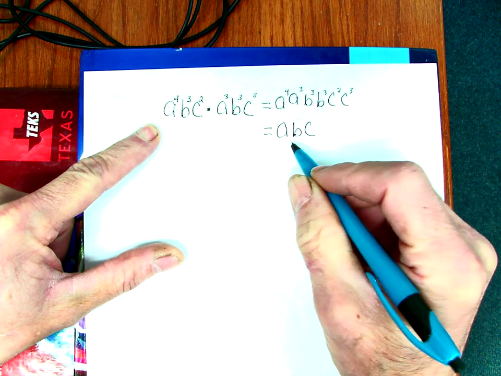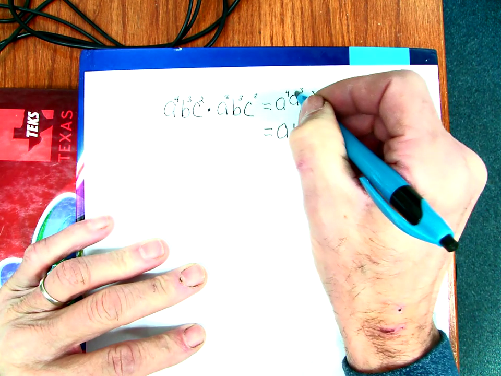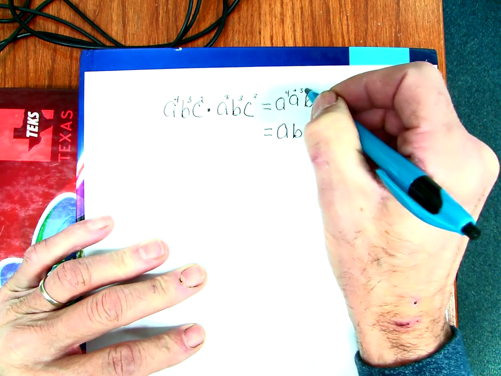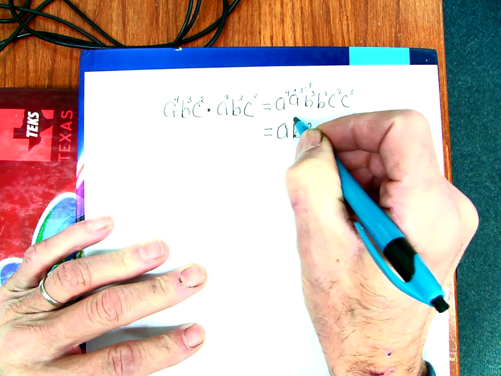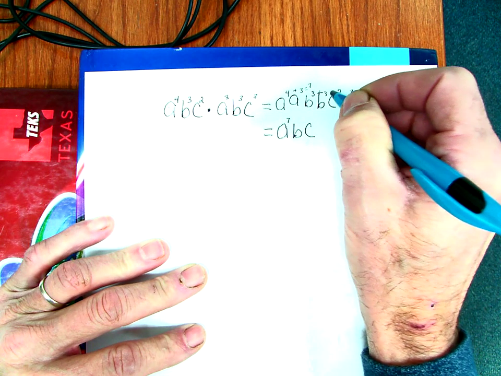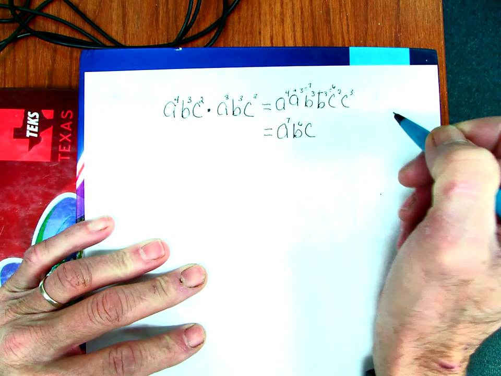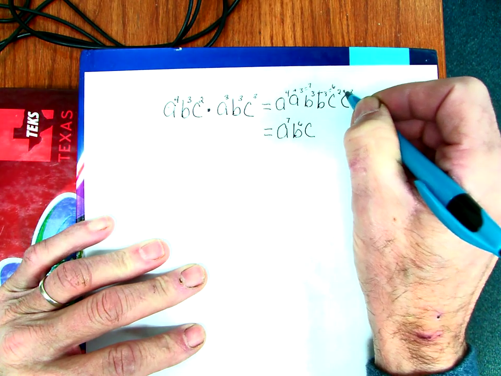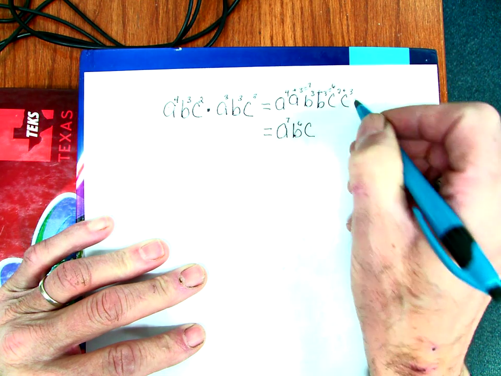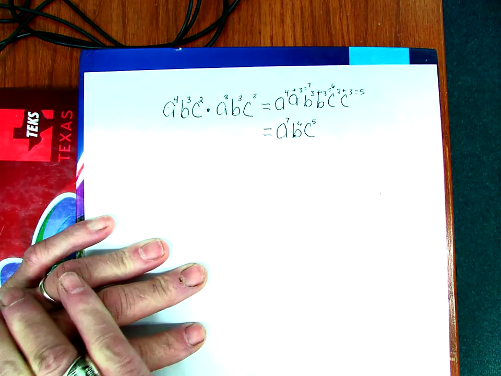They're not going away. They're going to stay in there. The power of the a's is 4 plus 3 equals 7. The power of the b's is 3 plus 3 equals 6, so b to the 6th. The power of the c's is 2 plus 3 equals 5, so c to the 5th.